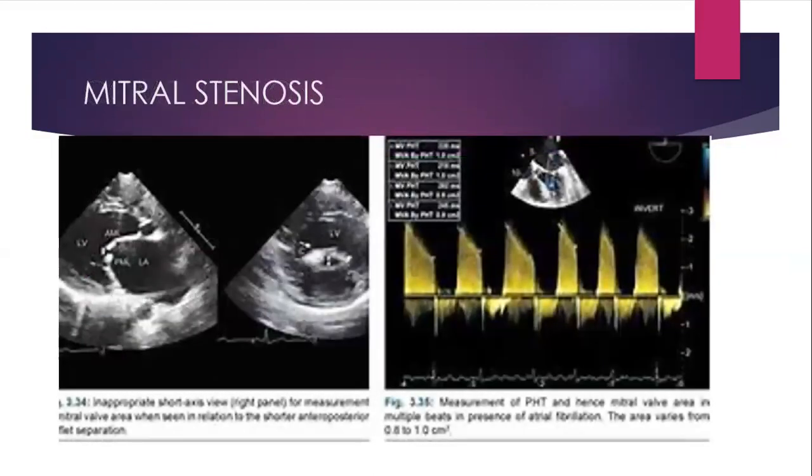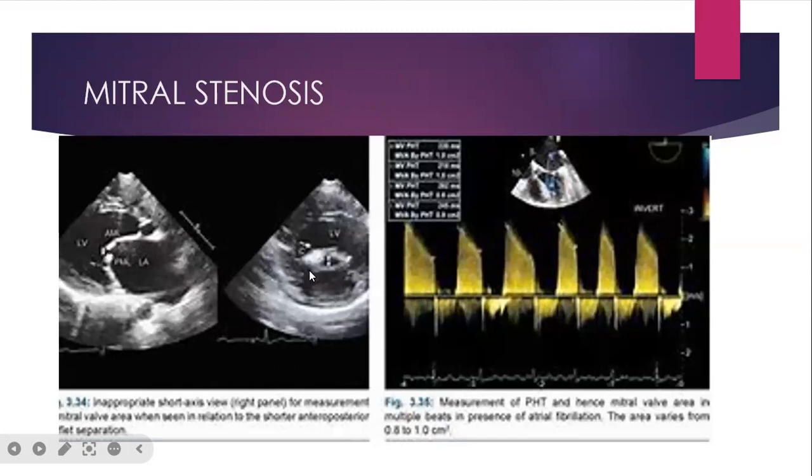Now, this is how the mitral valve appears in echo. Ideally, a mitral valve appears like a mouth. This is how it looks. You can see that this one is narrow. The mouth is not open here.